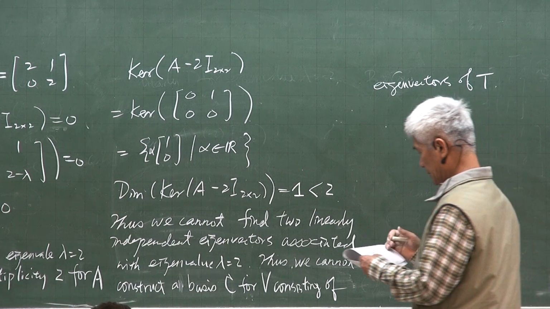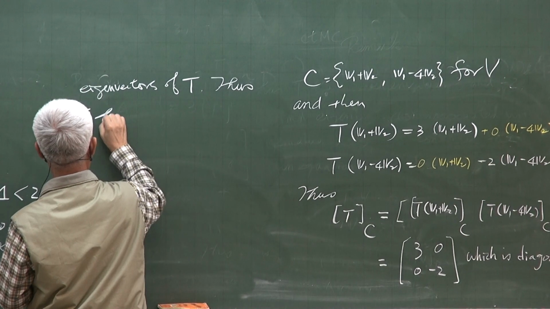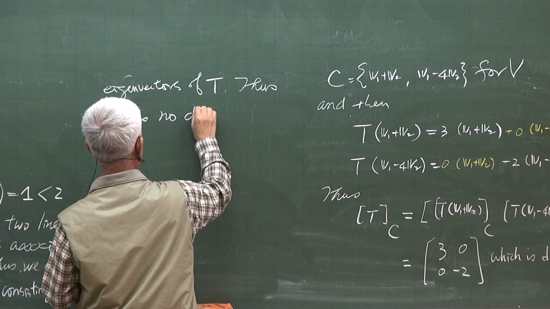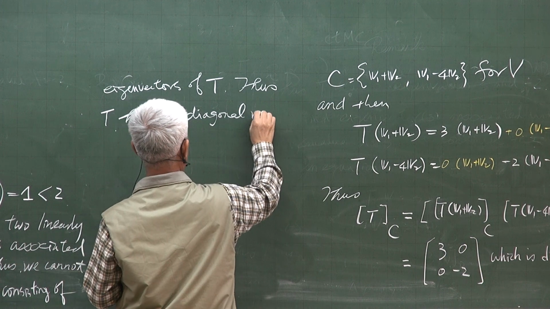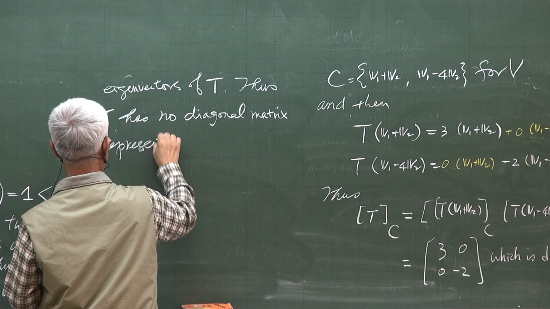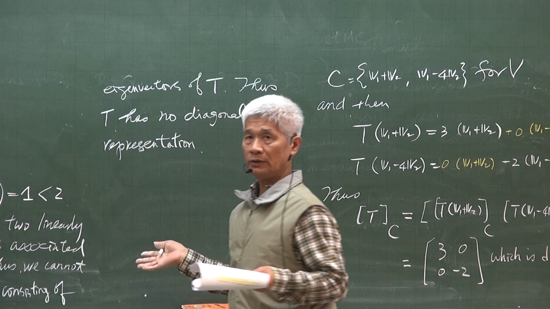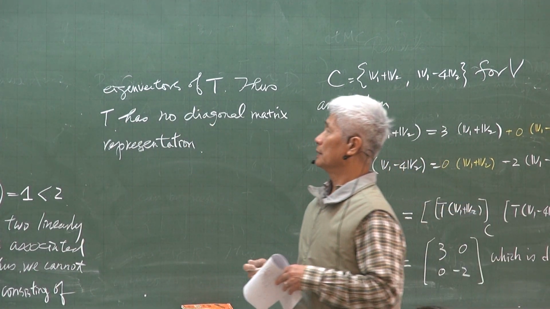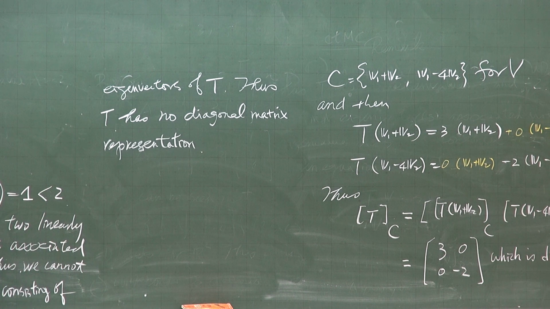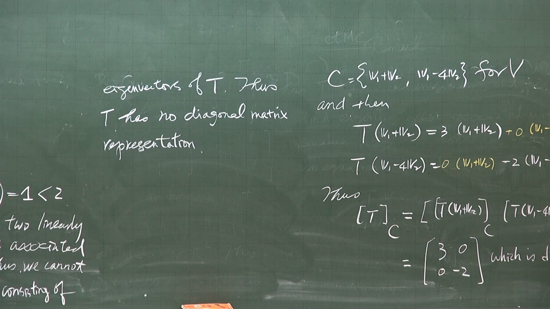So that's P, no diagonal matrix representation. So there's no diagonal matrix representation for such a linear operator. No, you can't find that. Any questions?